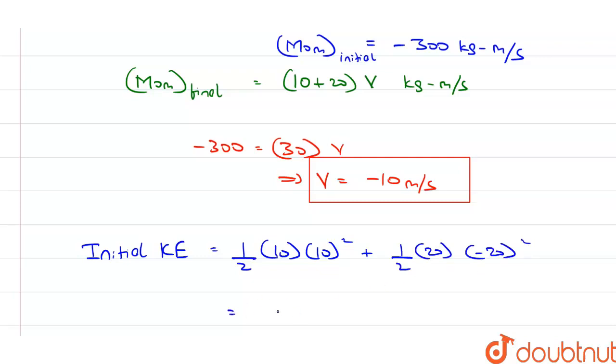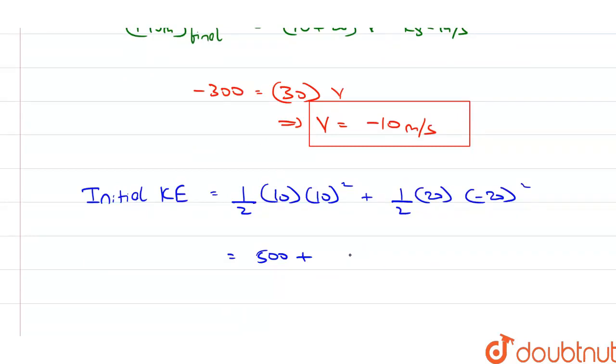So we get 500 plus 4000. This is equal to 4500.